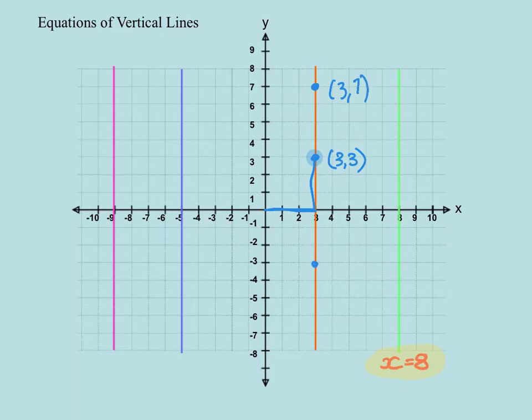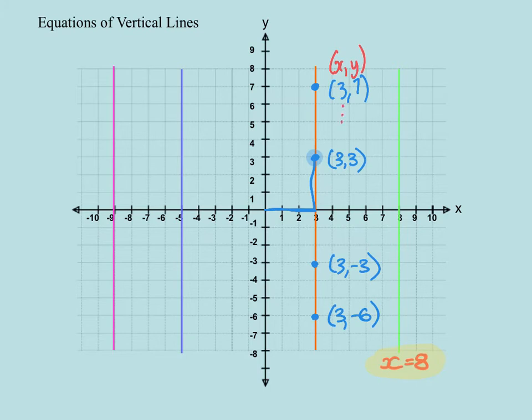Pick another one, along 3 and down to -3. And the next one, along 3, down to -6. Now again, remember, we are working with x, y coordinates. So again, you might want to stop the recording and see what they all have in common.